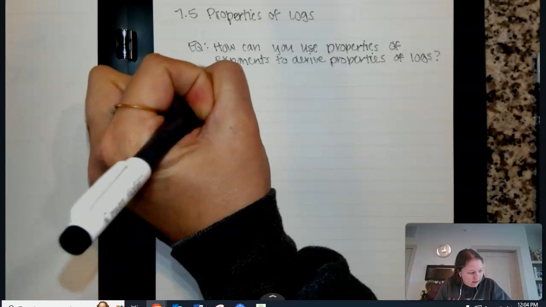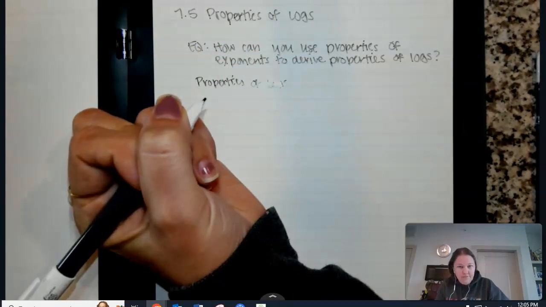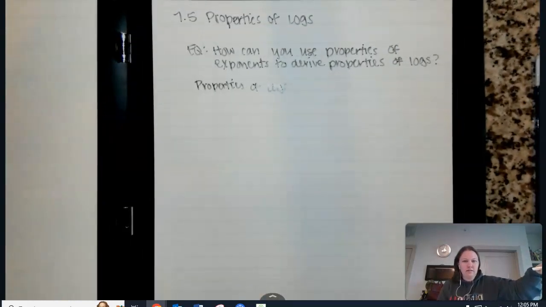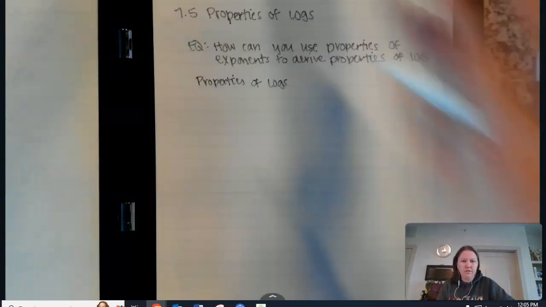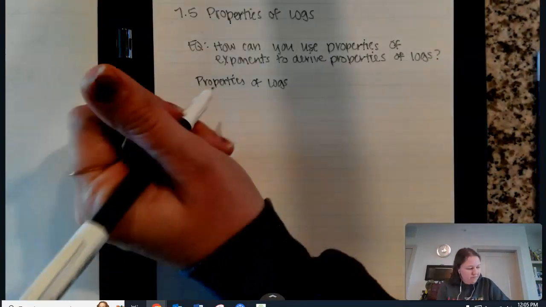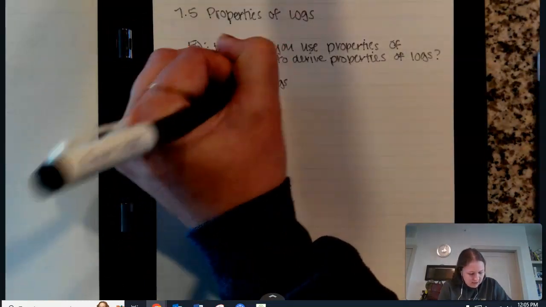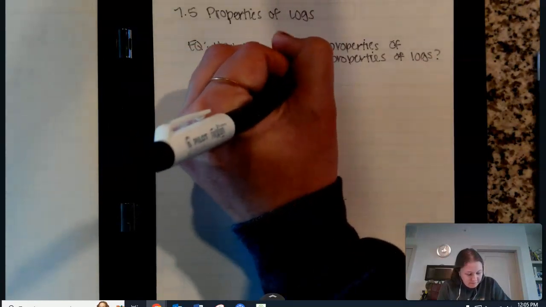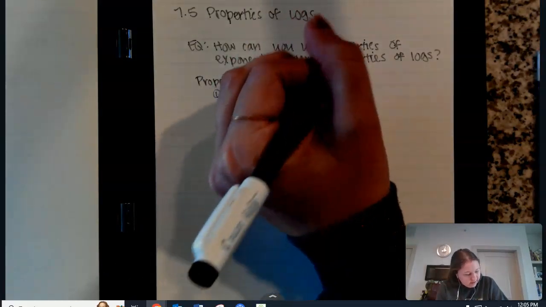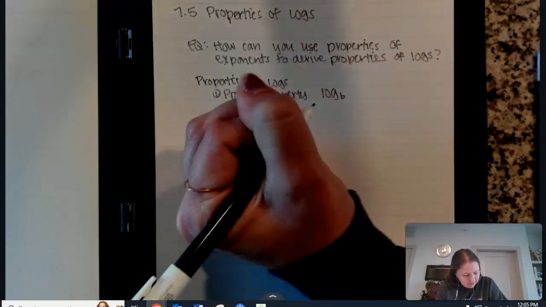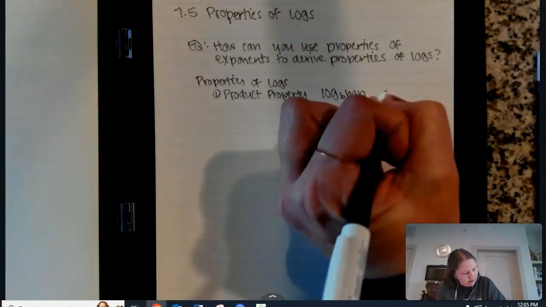So you have three properties of logs. Your first one is the product property, which says that if you are multiplying, log to base b of mn, then that is the same as adding.